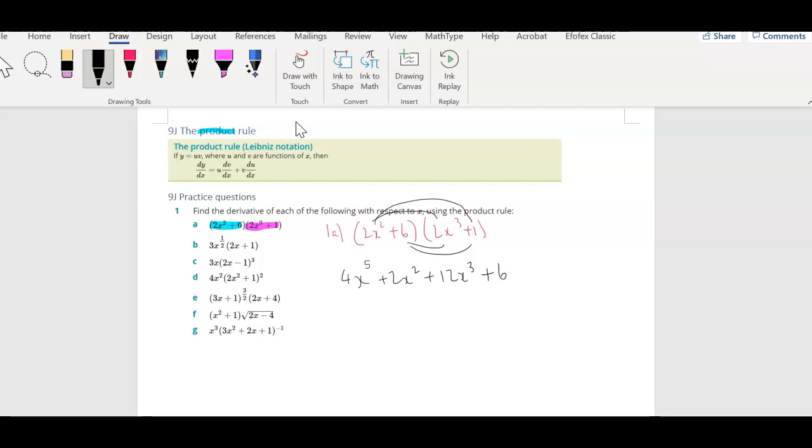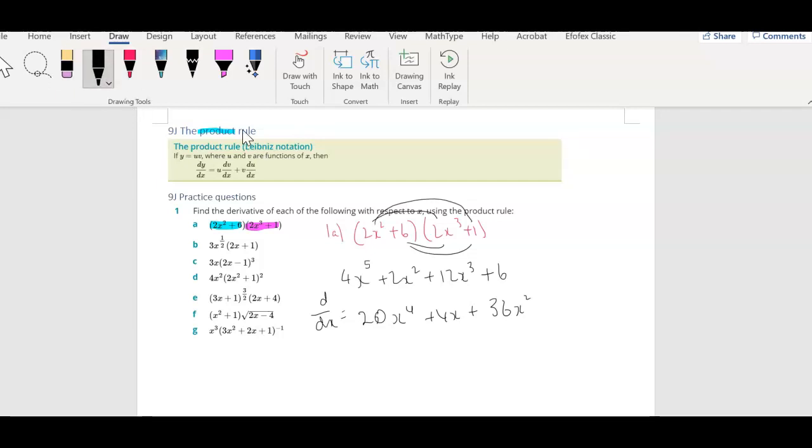So instead of having it in factorized form, I've now got it in expanded form. If I'm finding the derivative of this, it's going to be 20x to the power of 4 plus 4x plus 36x squared, plus, not plus 6, that 6 goes.